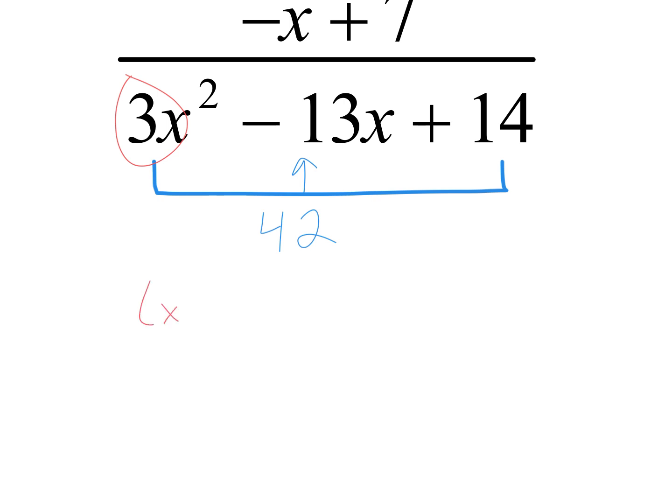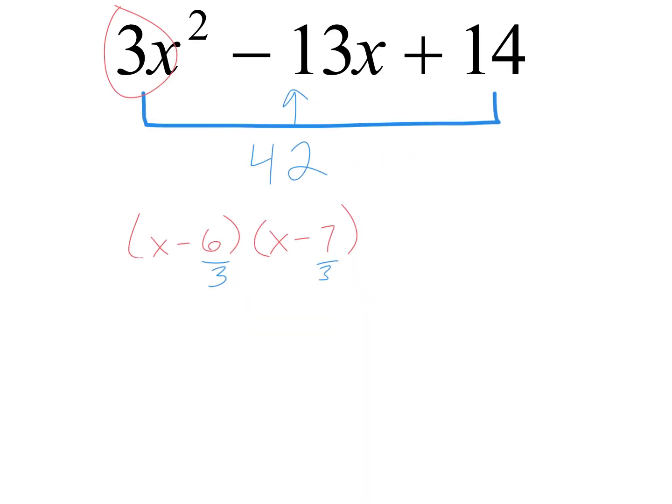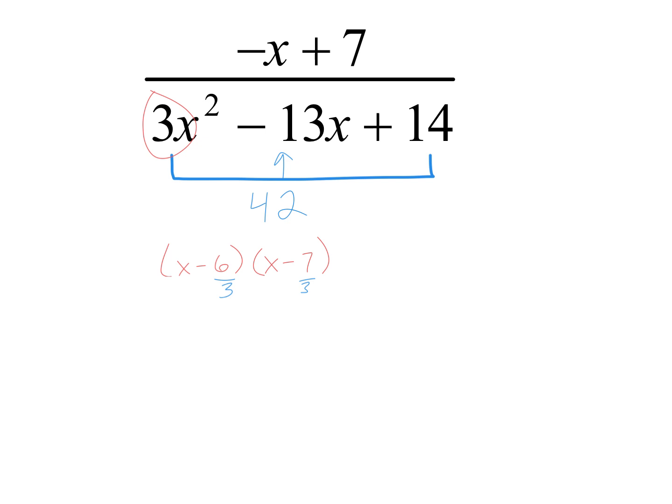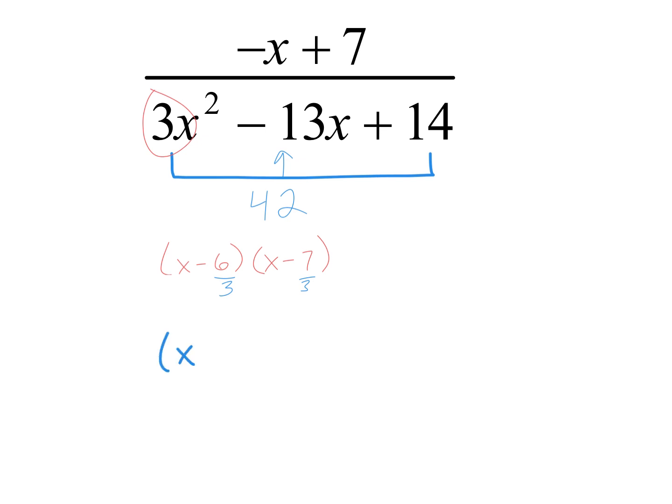I would write it out as x minus 6 and x minus 7, right? What do I have to do with that 3, though? I have to divide both factors by the 3. Does 6 divide by 3 pretty? Yes. So my one denominator is x minus 2. My other denominator is 3x minus 7, okay? Those are my 2 denominators that I'm going to have for my A and my B.